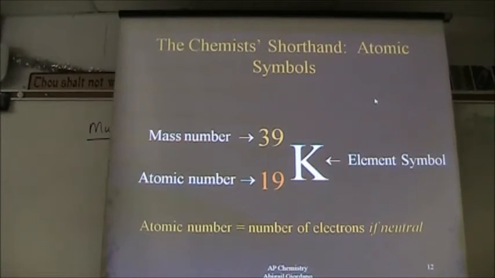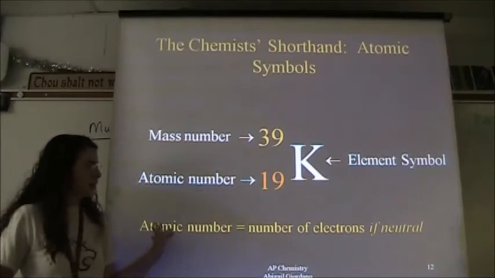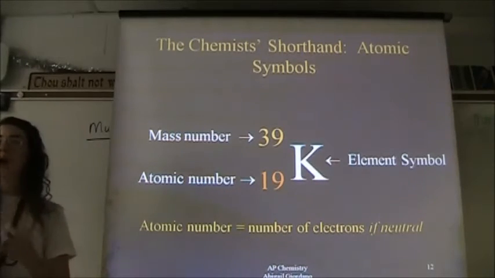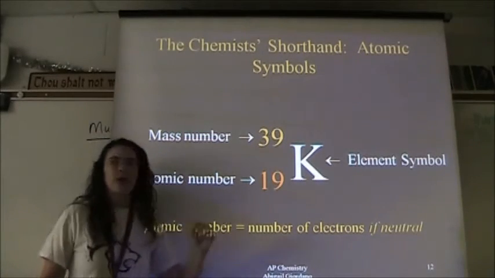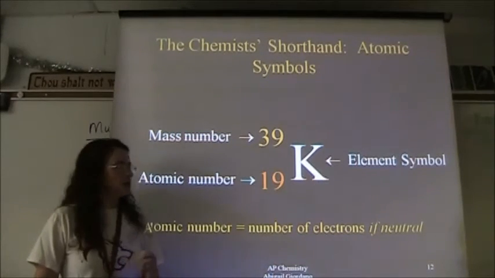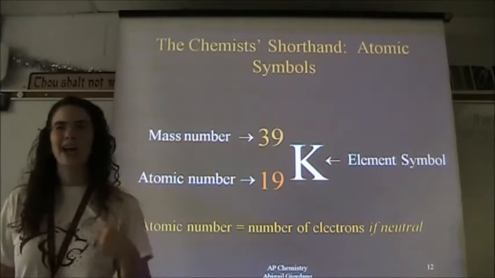If your number of protons, which is your atomic number, is equal to electrons, you have a neutral particle. What if they're not equal? It's not a neutral particle anymore. What do you call it? It's an ion.